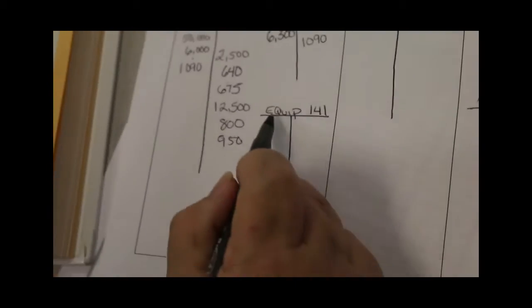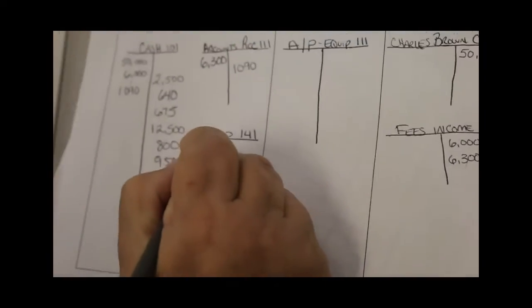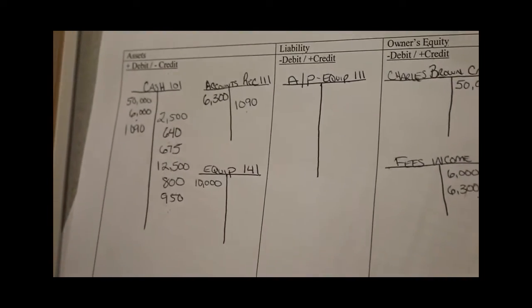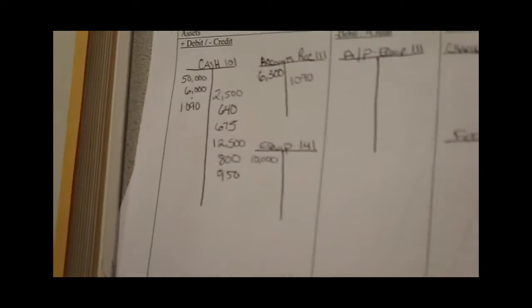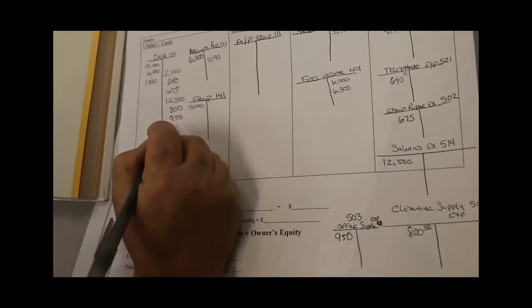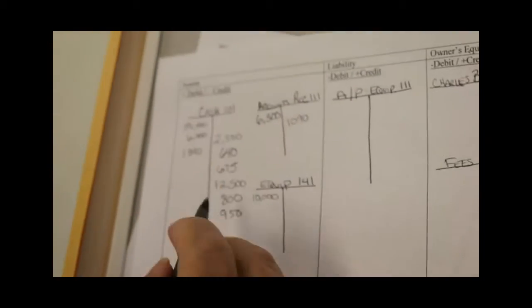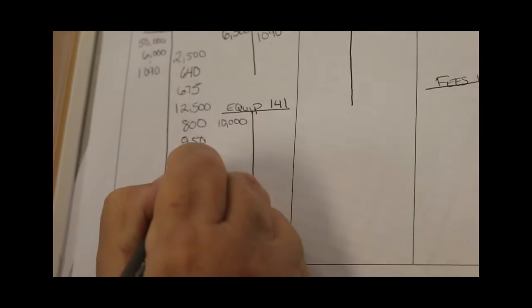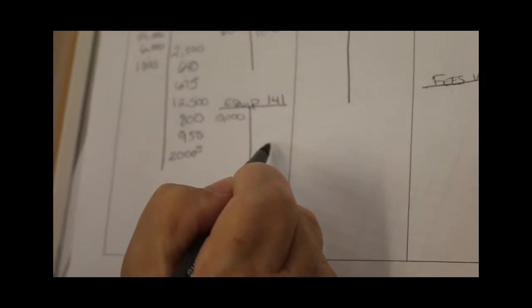If we receive the equipment, then we're going to increase our asset equipment. So we are going to debit it $10,000. Okay. Then we wrote a check for $2,000. So we need to do what to our cash? We need to decrease. So we decrease by crediting. So $2,000 over here. Nothing happens here. This stays the same.